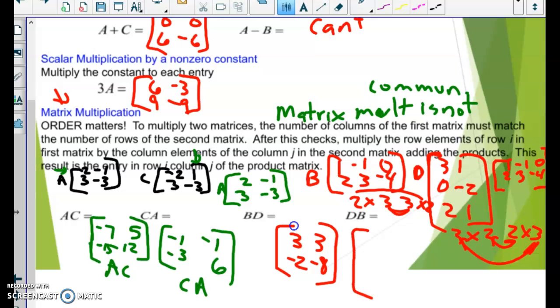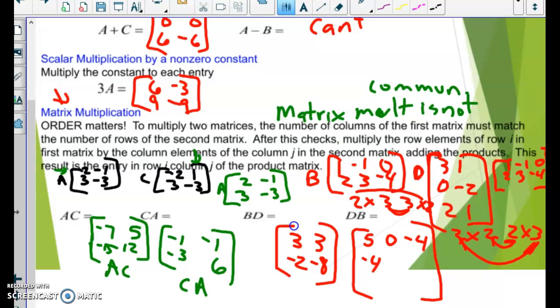If I take the first row times the first column, I get 3 plus 2 is 5. First row times second column, I get negative 3 plus 3 is 0. First row times last gives me the negative 4. Second row times first column gives me 0 minus 4.